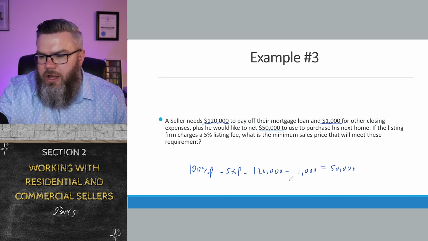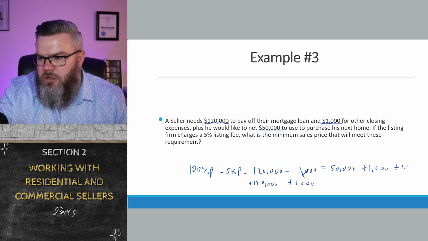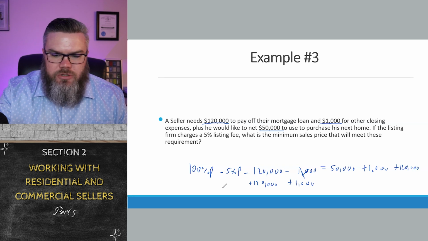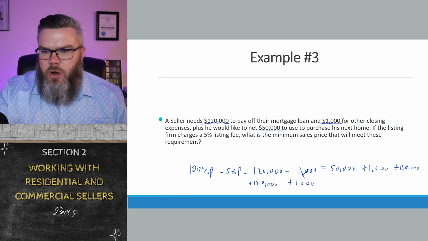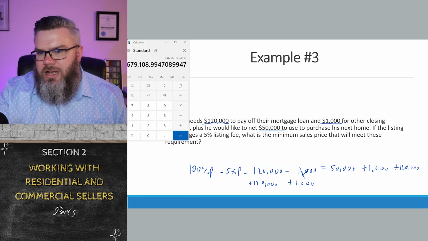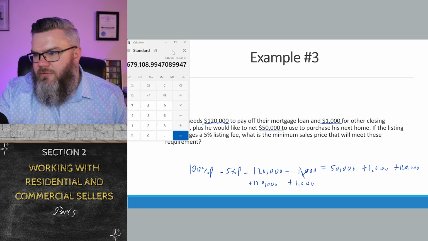And so add 1,000 on this side, add 1,000 on this side, negates, add 120,000 on this side, add 120,000 on this side. And so when you add the three numbers, the biggest thing is to always make sure that you hit equals, because that's what throws a lot of people off. You've got to have the whole number.